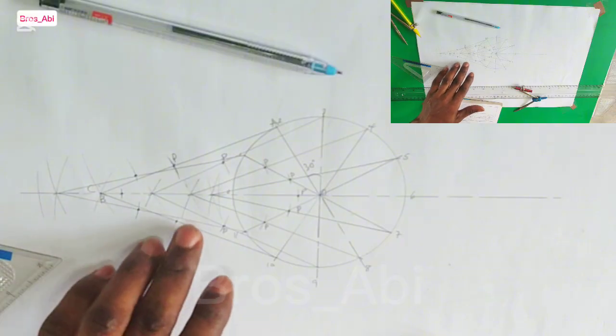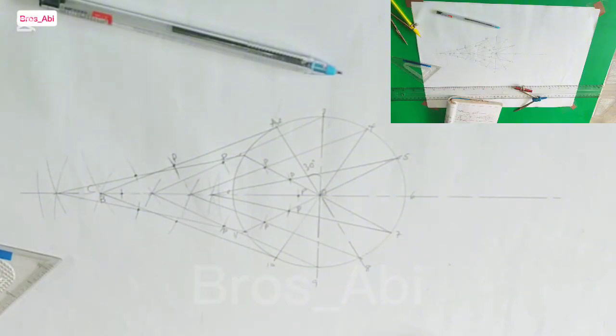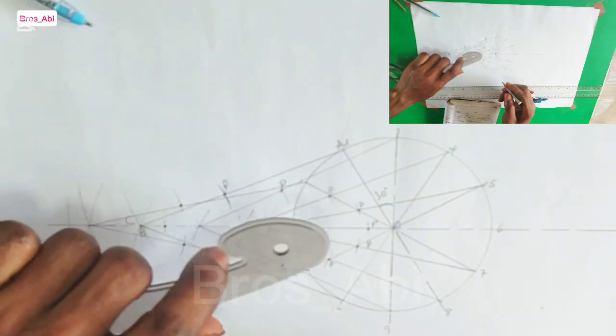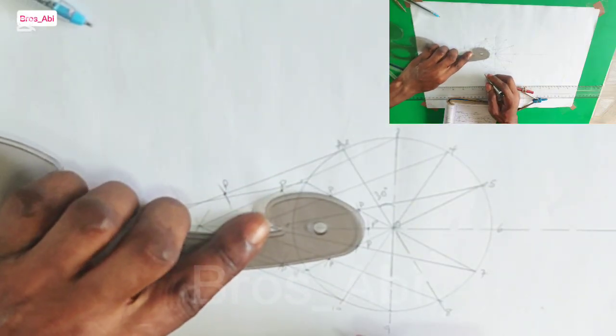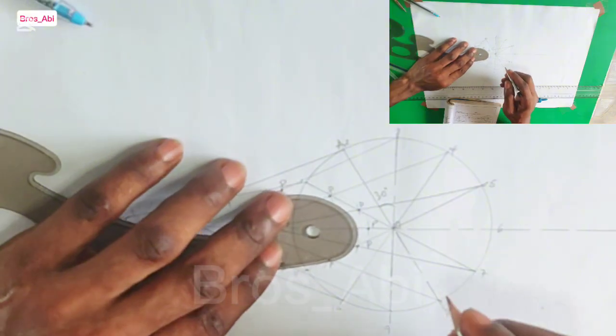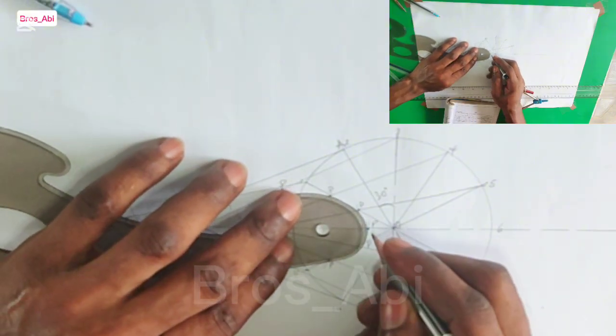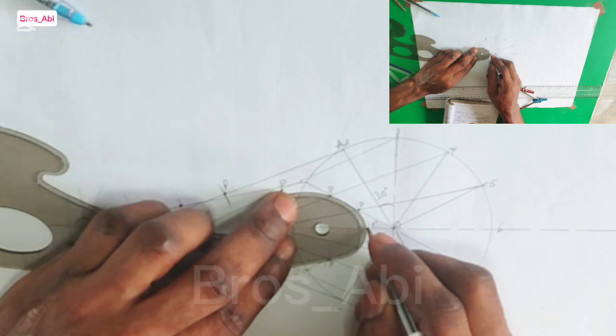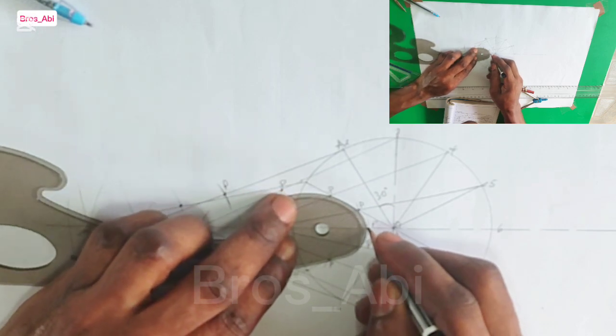Now let's join with our French curve. You try and check all the curves to see the one that perfectly fits, that carries 3 points at the same time. Like this, this will carry these 3 points at the same time.